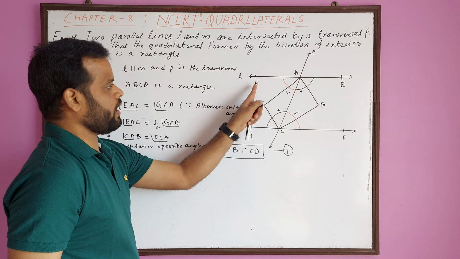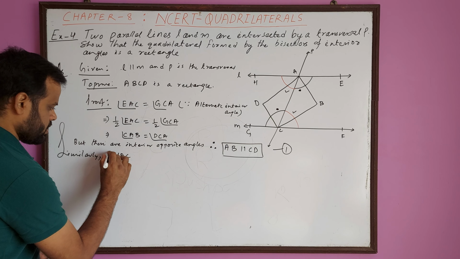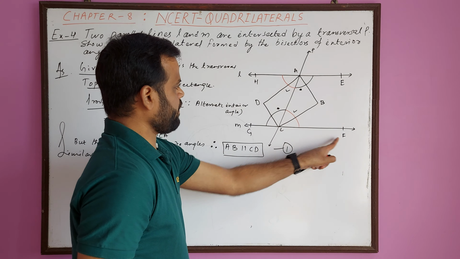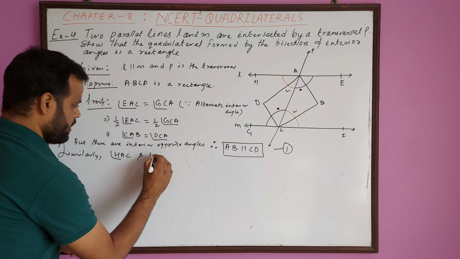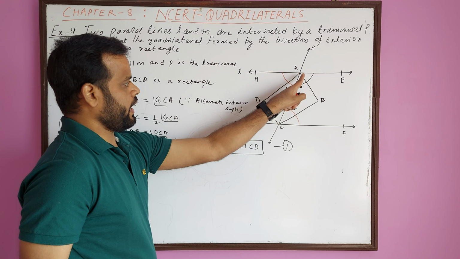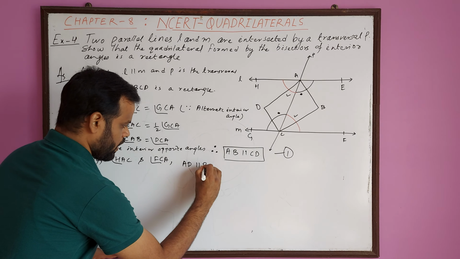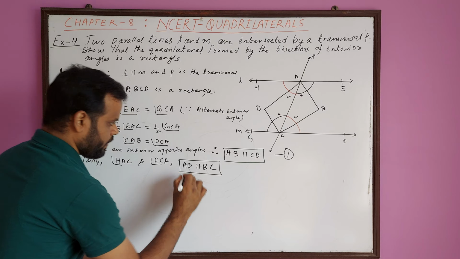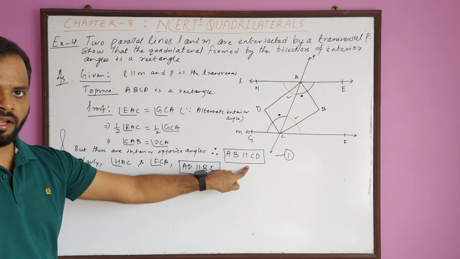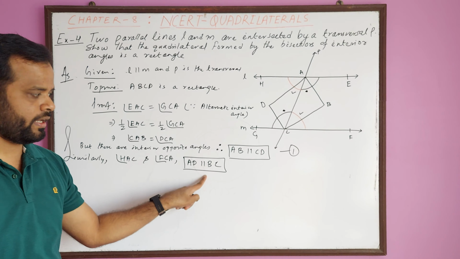Similarly, when we take angle HAC and angle FCA, we can prove that AD is parallel to BC. When we give the detailed proof for one side, we do not have to prove it for the second side.